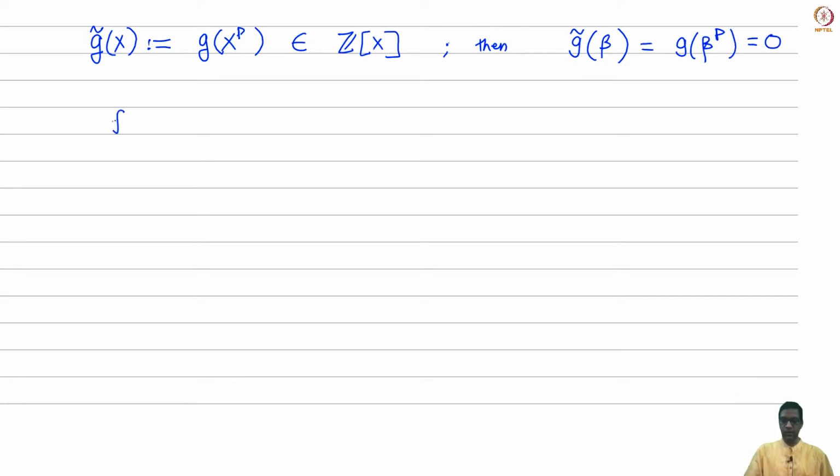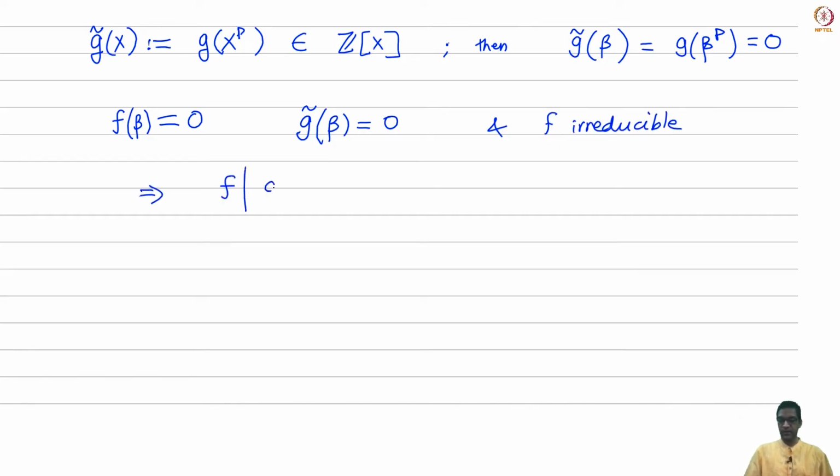Okay, so now I have the following. I know that beta is the root of this irreducible polynomial f, and beta is also the root of another polynomial g tilde. And f, remember, is irreducible. So what does this mean? It tells me that f must divide g tilde in Q of x.